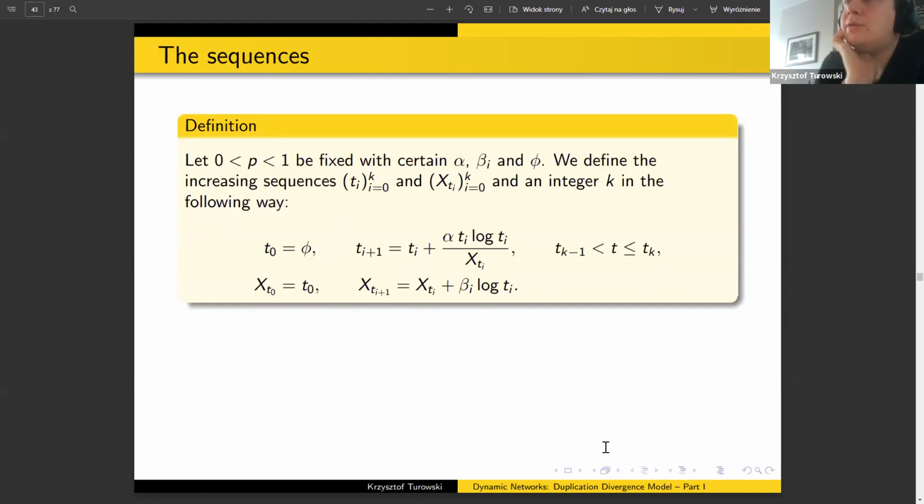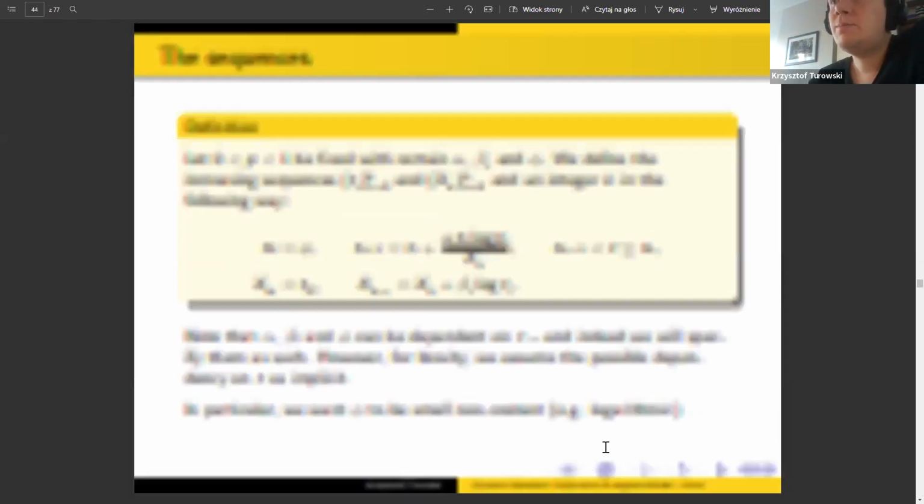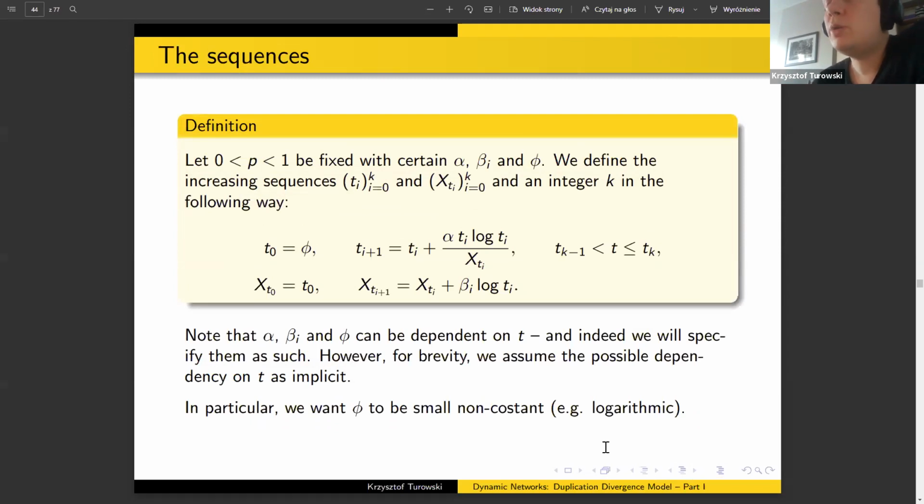Okay, so here are the recursive formulas for both t and x. Since they are both deterministic, for now we leave alpha, beta, I, and phi unspecified, and we would like to get their behavior depending on alpha and beta.